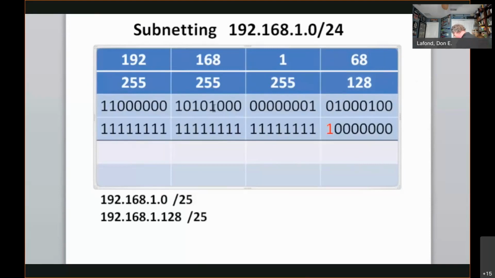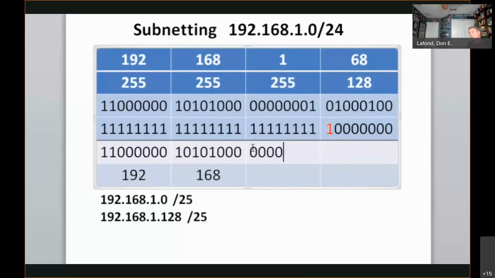If we logically AND the IP address here with our new subnet mask /25, let's see the result. We'll get a 1, a 1, 0, 0, 0, 0, 0. So that's 192. And then here the result is 101, 01, 168.